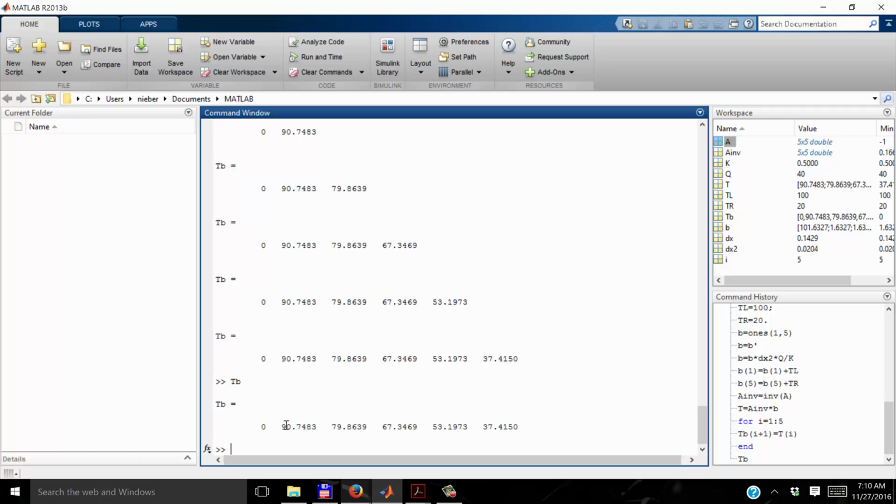Right now TB of 2 is equal to the temperature we calculated in the original vector.